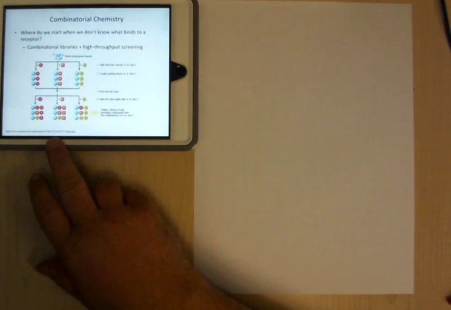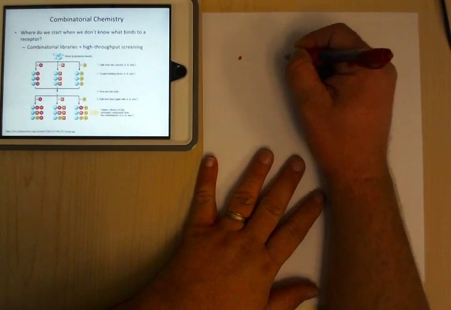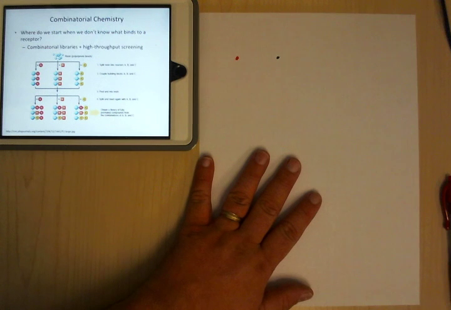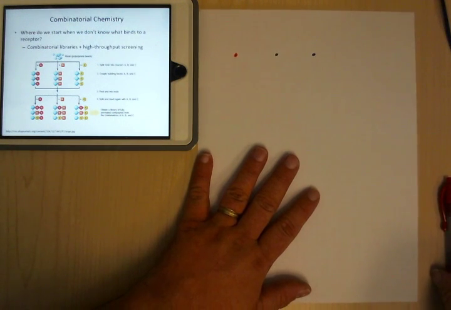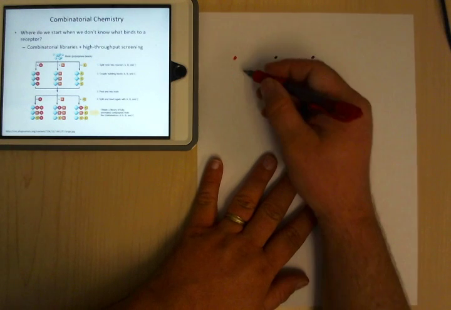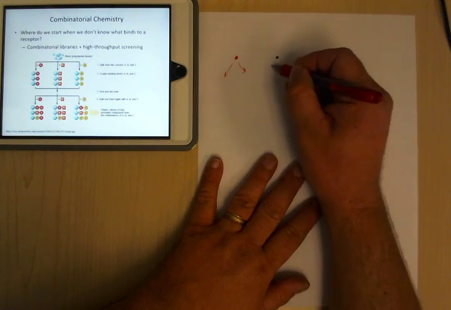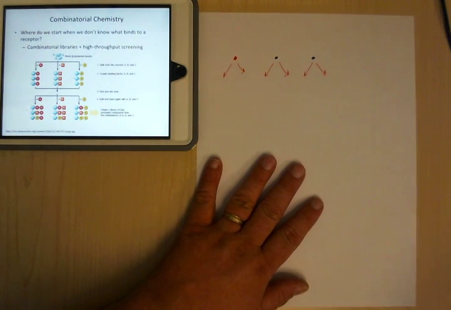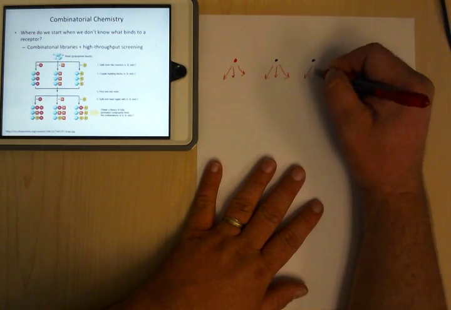The way that you make these is you say, okay, I've got a pool that has red, black, and green. Okay, red, black, and blue. So what we're going to do is split these into three.